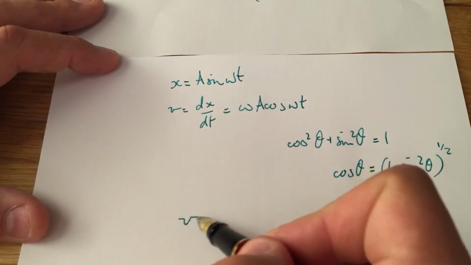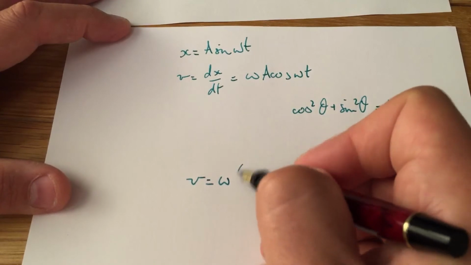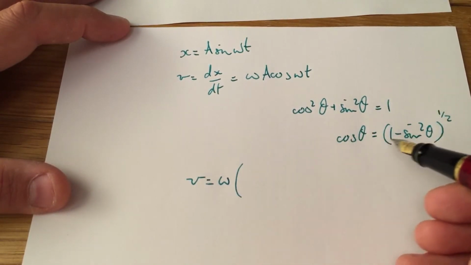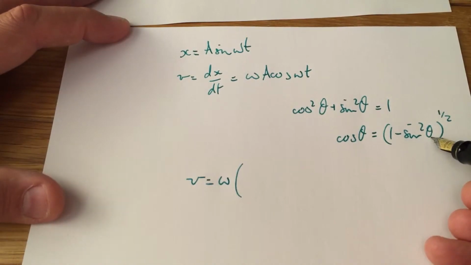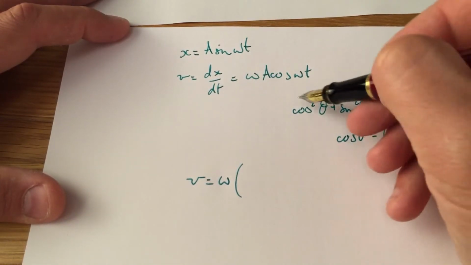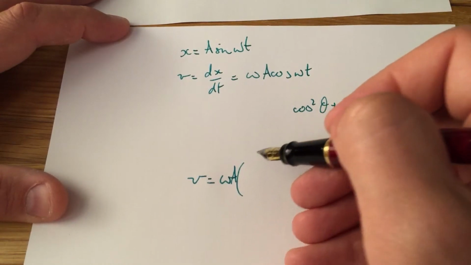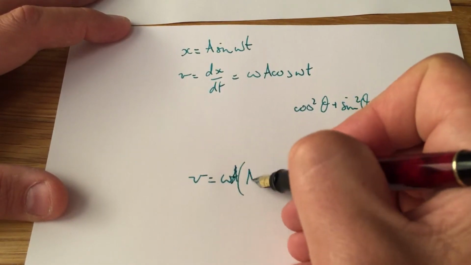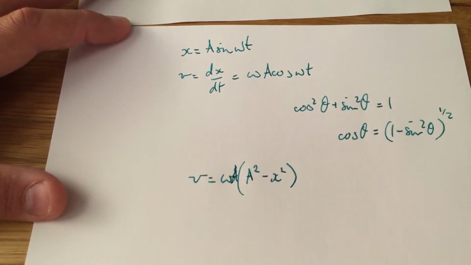So what I have here is the velocity is going to be omega, open brackets, the root of a squared minus x squared.